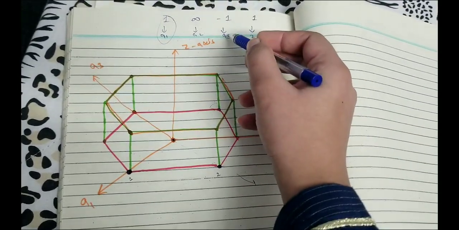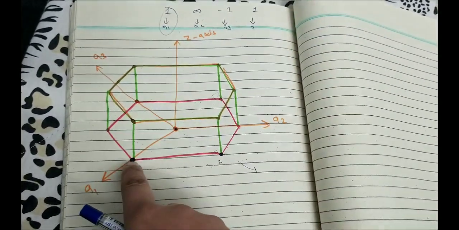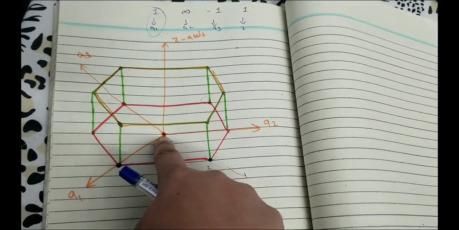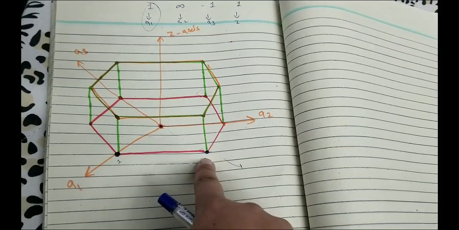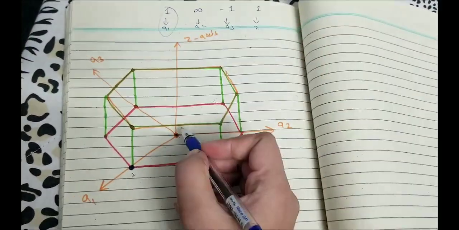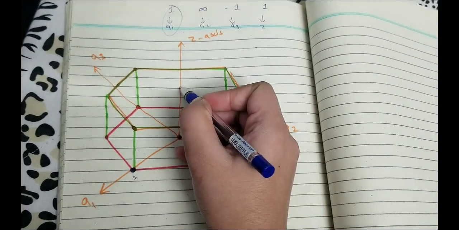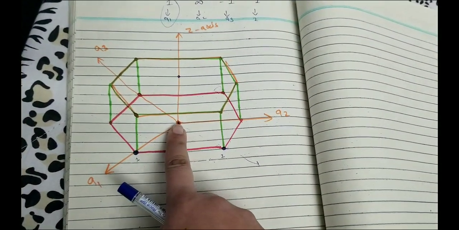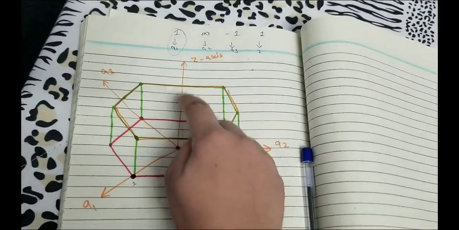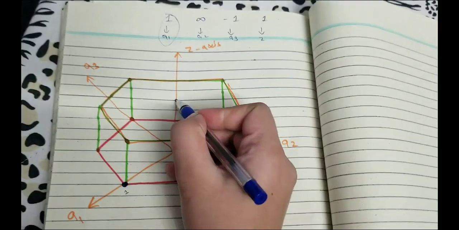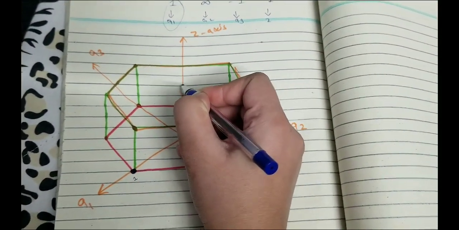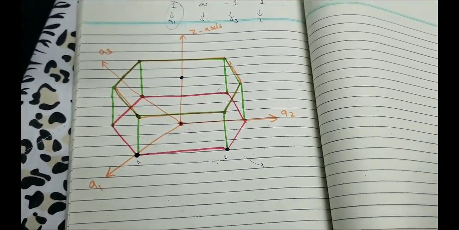For A3 -1, I am not moving onwards from this point, but again from origin, -1 unit along A3, which was this point. Now again from origin 1 unit along Z, which is vertically upwards, not this point but this center point, at the center of the roof plane. This is another point on the plane.